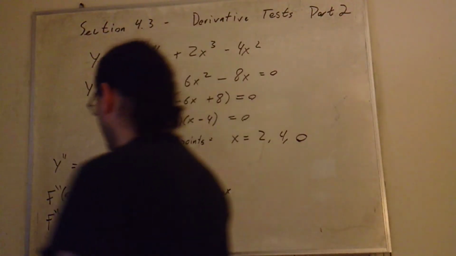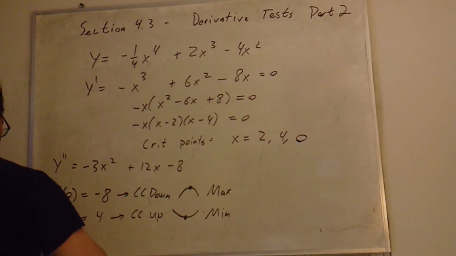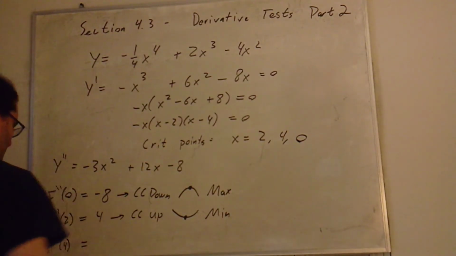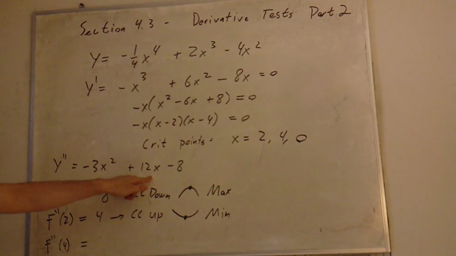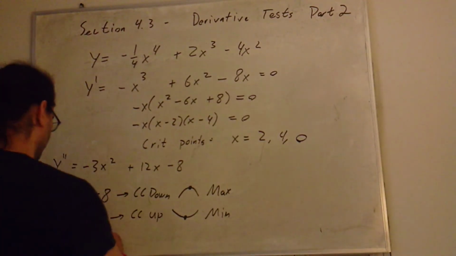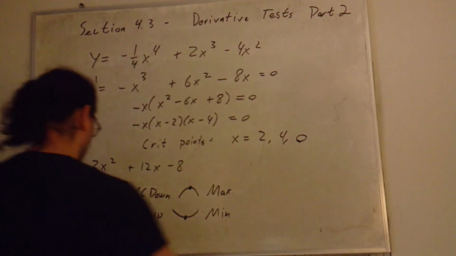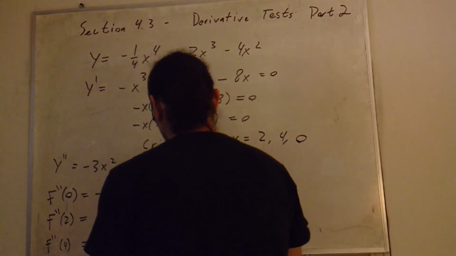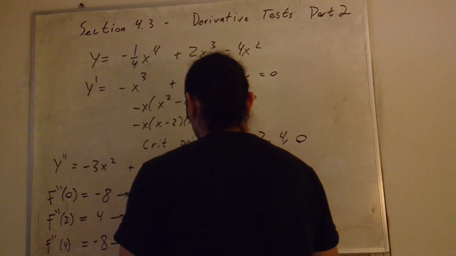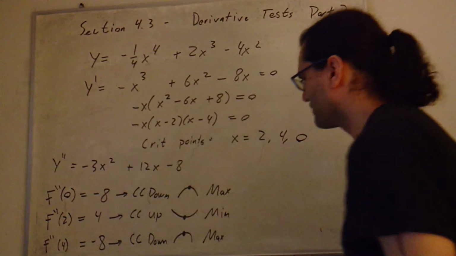And when I plug in 4, f double prime of 4, I will get negative 48 plus 48 is 0, minus 8, and back to negative 8. So this is once again concave down. It looks like a frowny face. This is my other maximum.